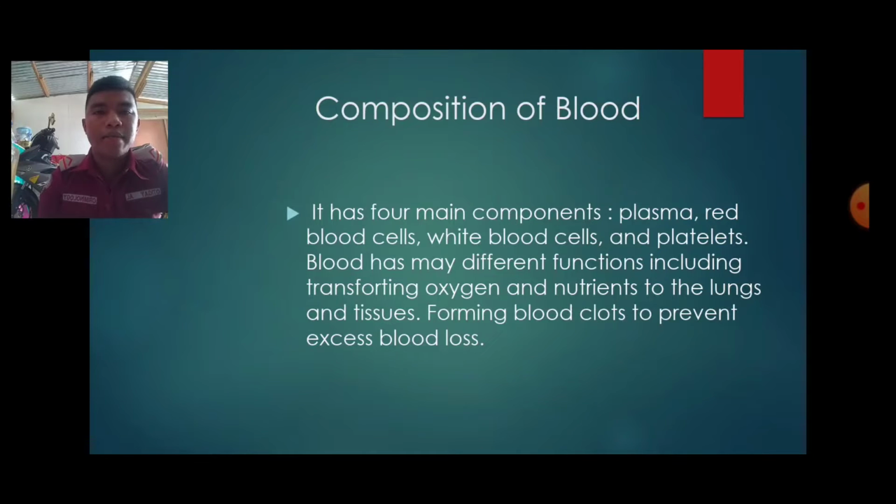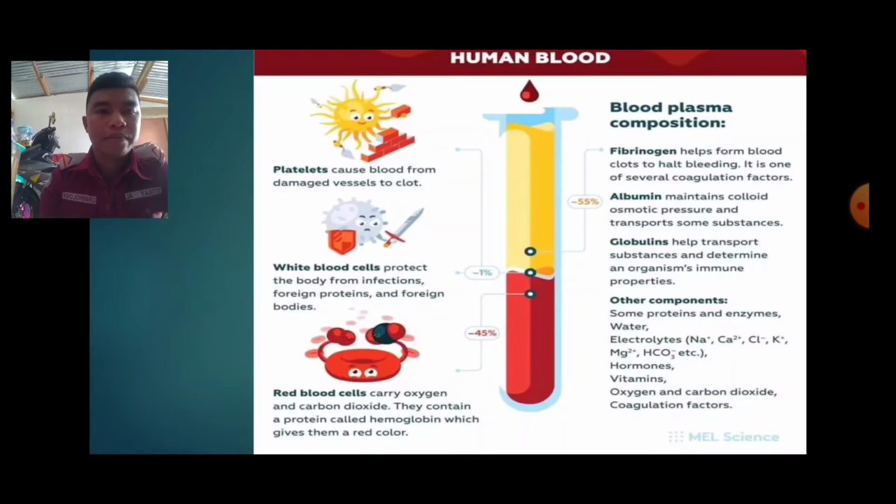Blood has many different functions, including transporting oxygen and nutrients to the lungs and tissues, forming blood clots to prevent excess blood loss.